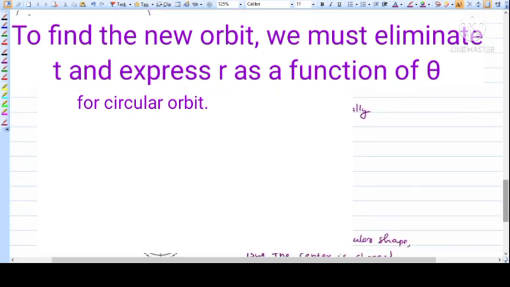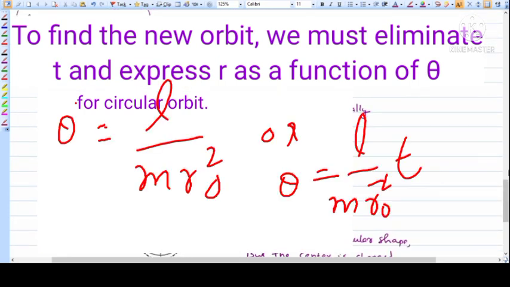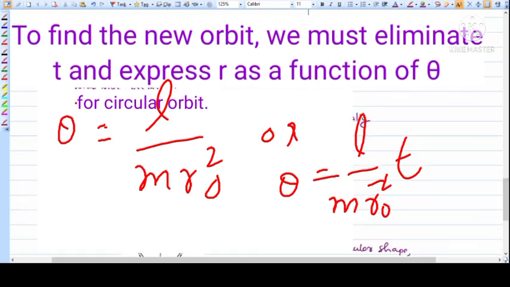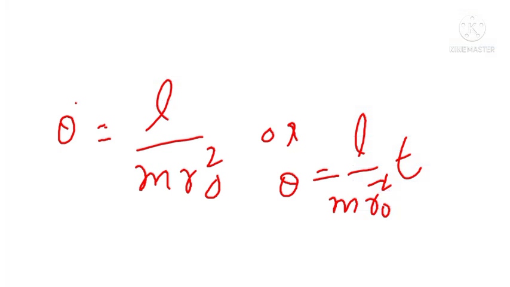So here we have to find the new orbit, and for that we must eliminate t and express r as a function of theta. And for circular orbit, as we studied at the very beginning of this chapter, theta dot is equal to L by m r0 square, or we can write theta is equal to L by m r0 square into t.